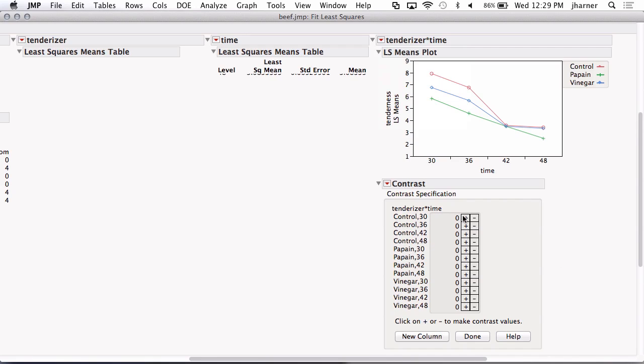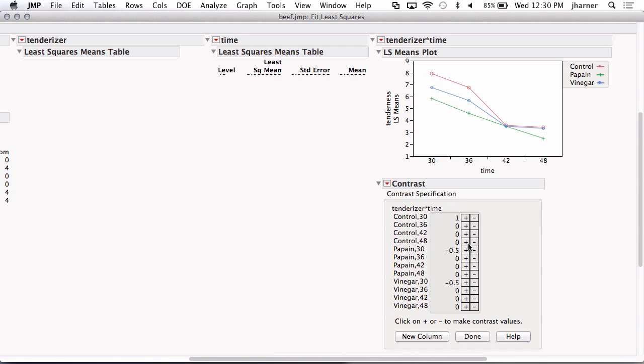So if I wanted to compare control versus propane and vinegar, then I have 1, minus 1, minus a half, minus a half. Those coefficients would do the comparison of the control to the propane and vinegar within the 30 time. If you think of it as a plot, I would be looking at that contrast within this.